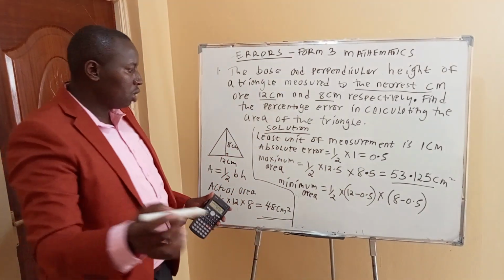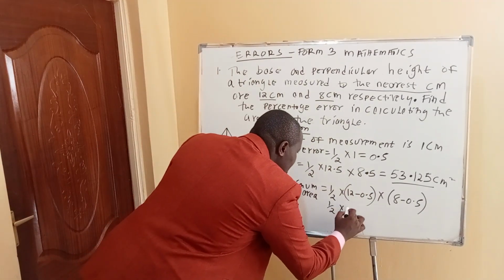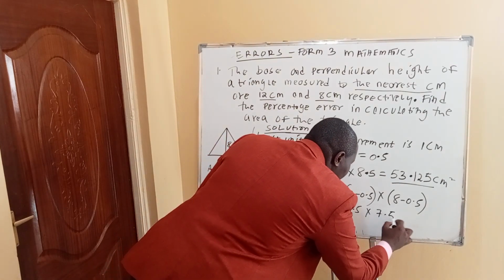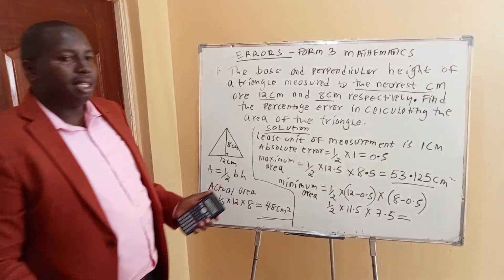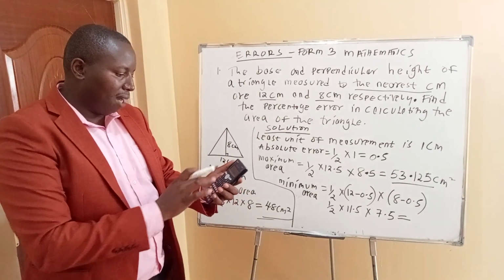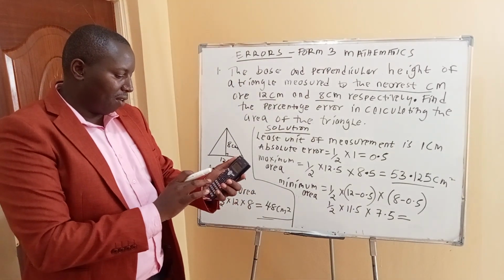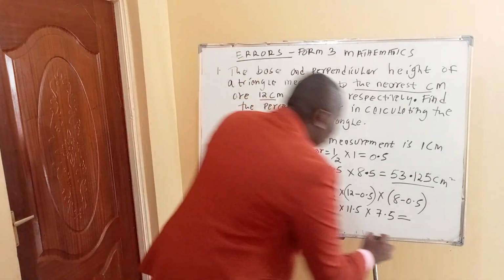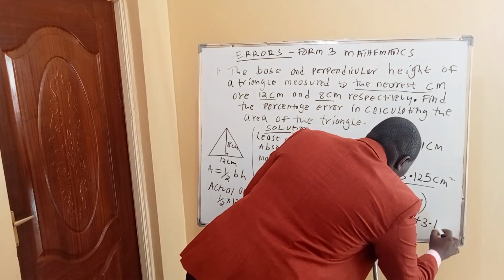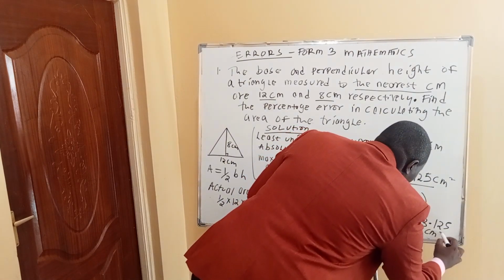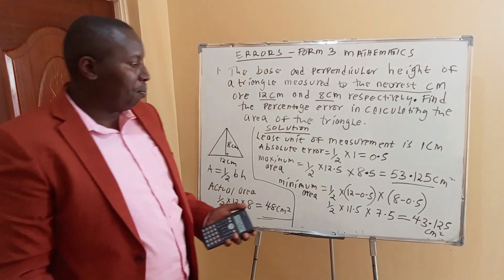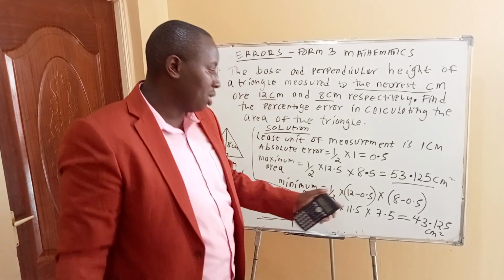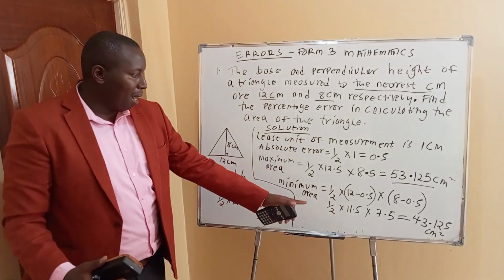So a half times 11.5 times 7.5. Take your calculator, and you get 43.125 centimeters squared. That is the minimum.